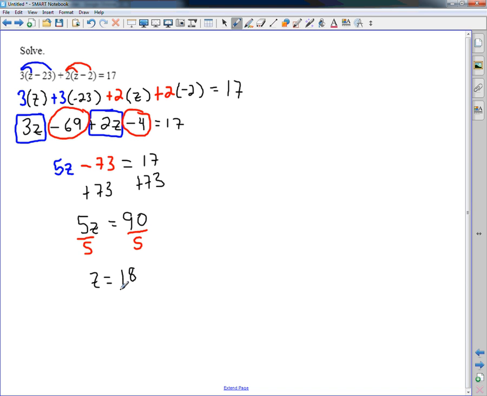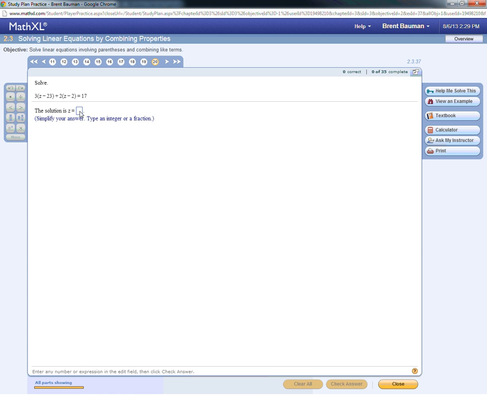Notice that we're solving this equation, so we actually get z equals a value. So let's go back to Math Excel and plug our answer in. The z equals is already there, so I'm just going to plug in the 18 and check the answer.